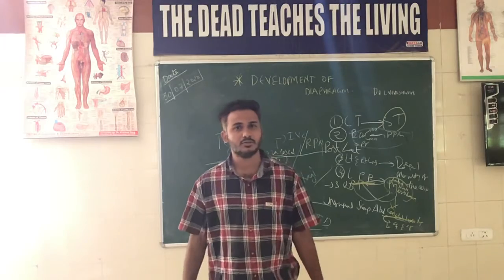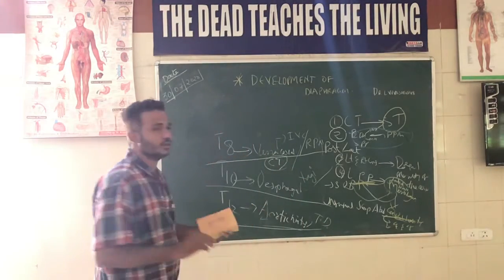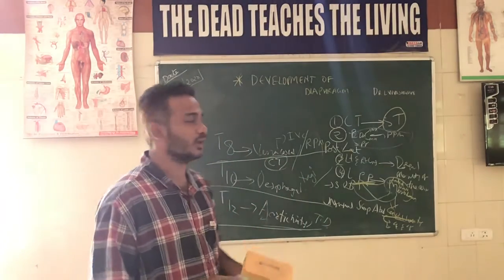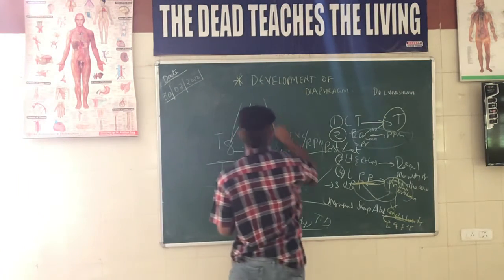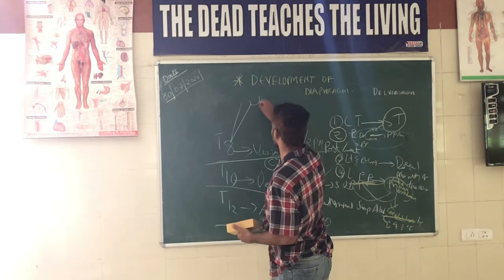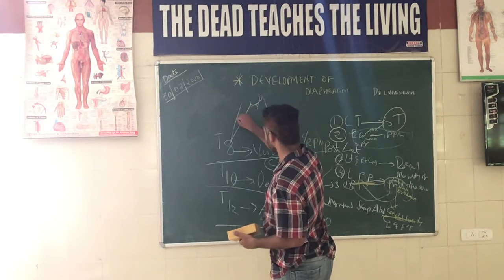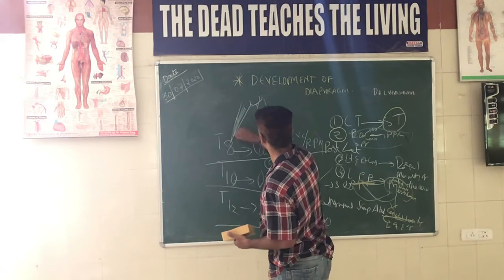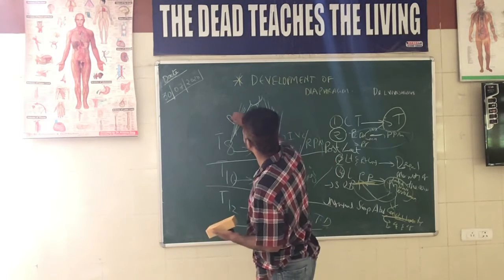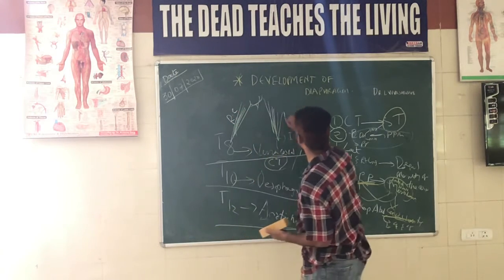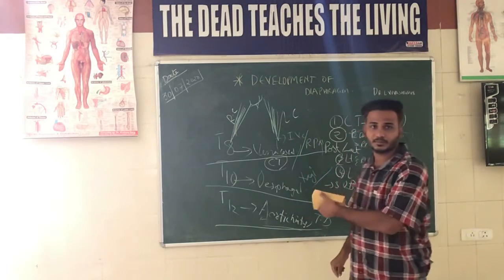Then I would like to concentrate on two very neglected contents. Assuming this as the vertebra, we have the right crus of the diaphragm as well as the left crus of the diaphragm.